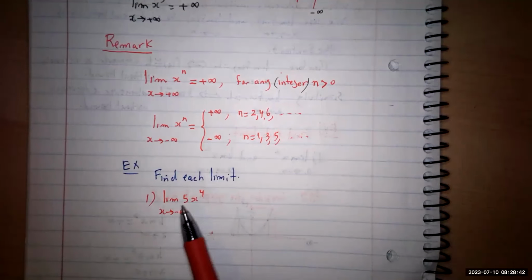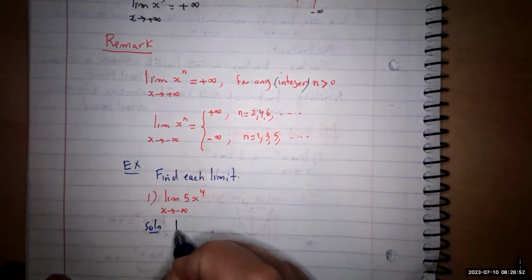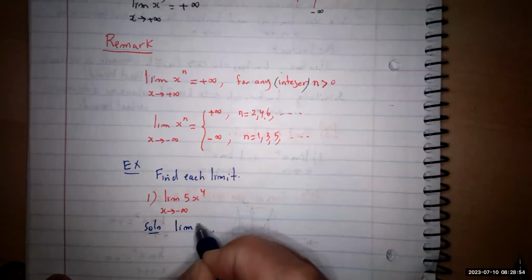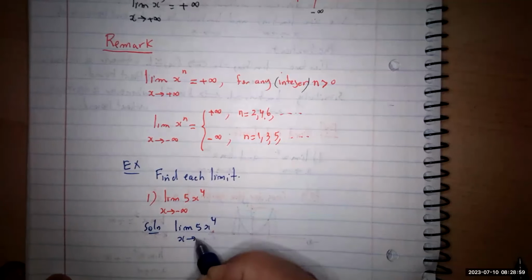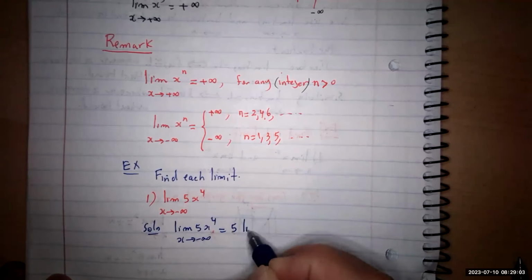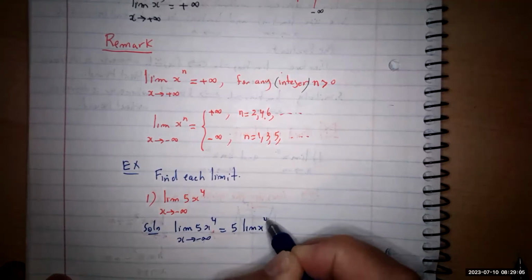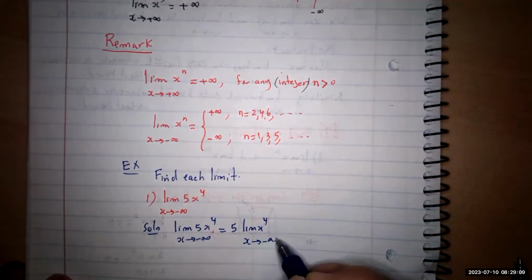You see, 5 is a positive number, so you keep the 5, then you take the limit of x to the 4th. I explained it, but you can write it down in short form. As we did with all the other limits, the limit of 5x to the 4th, when x goes to negative infinity, is going to be 5 times the limit of x to the 4th, when x goes to negative infinity.